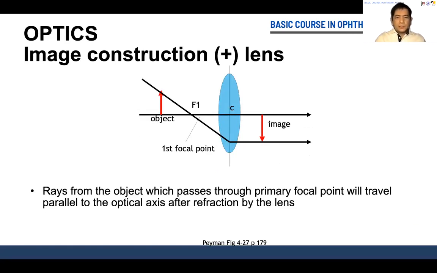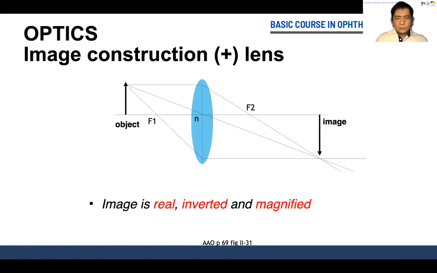Rays from the object which pass through the primary focal point, the first focal point in the illustration, will travel parallel to the optical axis after refraction by the lens. So with plus lenses, after doing all the ray tracing or image construction, a plus lens will give you an image that is real, inverted, and magnified.